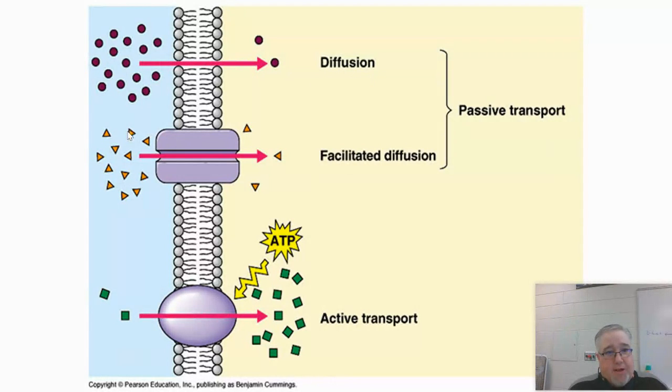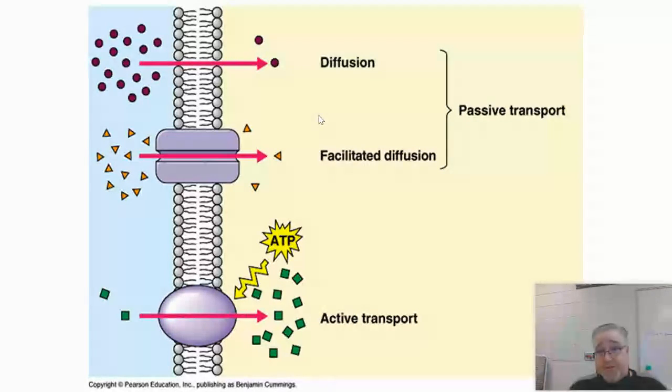Here we have another substance in the middle. And for whatever reason, this substance isn't moving across the bilayer. It's moving across the channel. But again, it's moving from high to low concentration. So it is diffusion, right? Because it's moving from high to low. But it is going across the channel, so we call that facilitated.